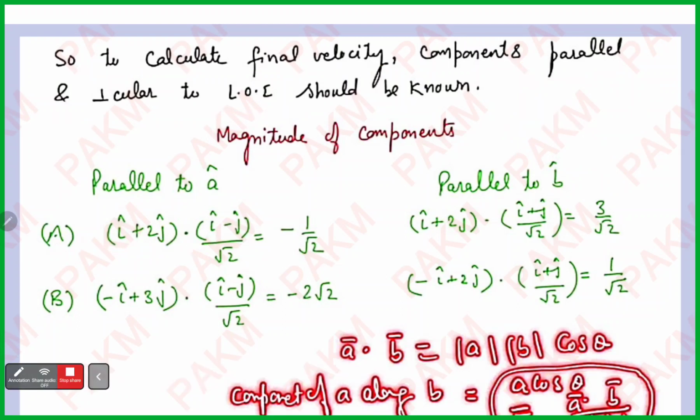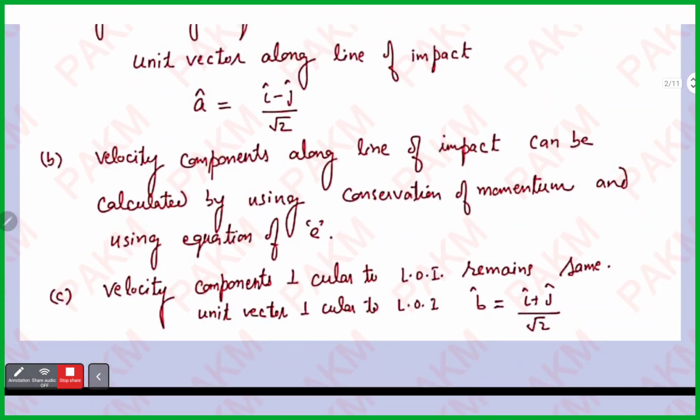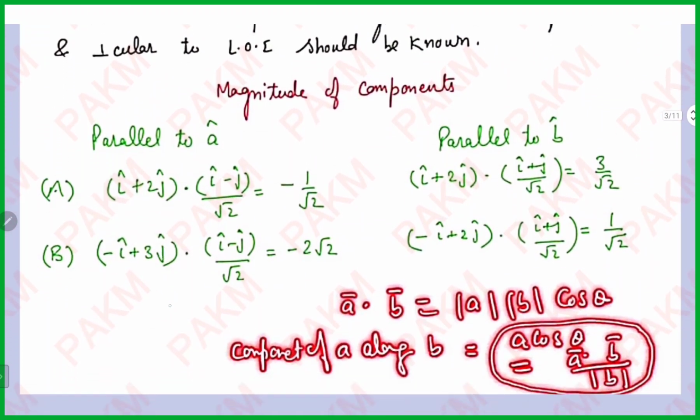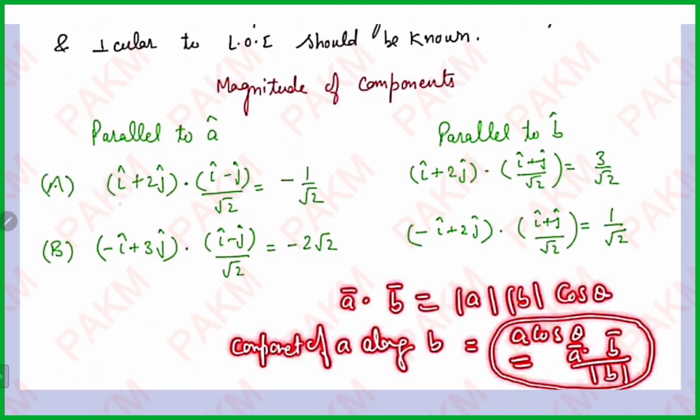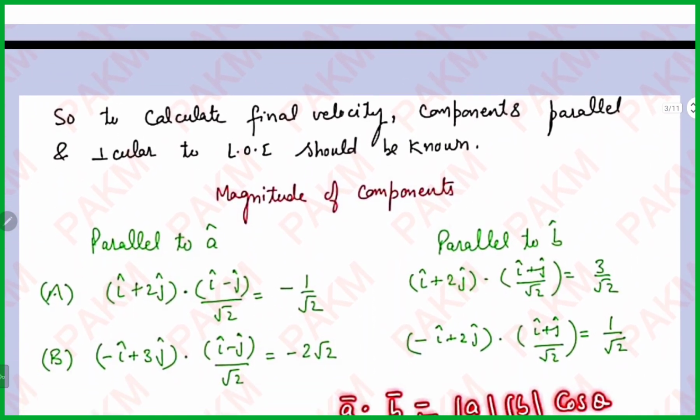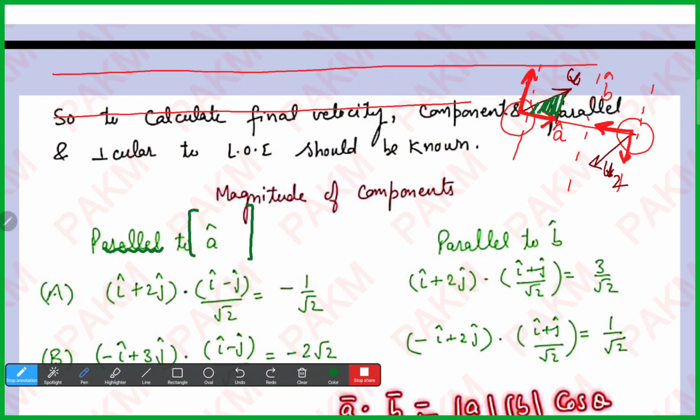So here let me quickly show you. B vector is the perpendicular vector, correct? And A vector is the line of impact that we are talking about. So we have taken the component of the vector along the line of impact.